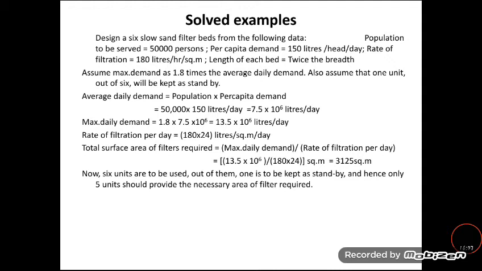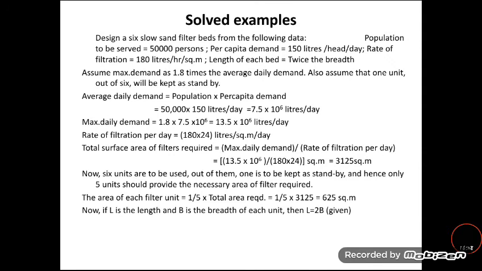Here, out of 6, 1 is kept as standby. So 5 units should provide the necessary area for the filter required. The area of each filter is the total area divided by the number of filtering units, that is divided by 5. The value is 625 square meter.